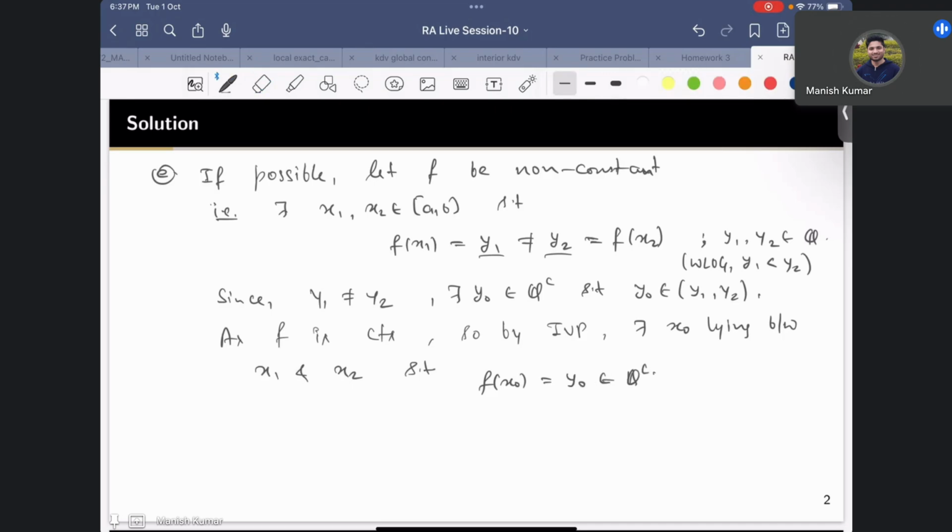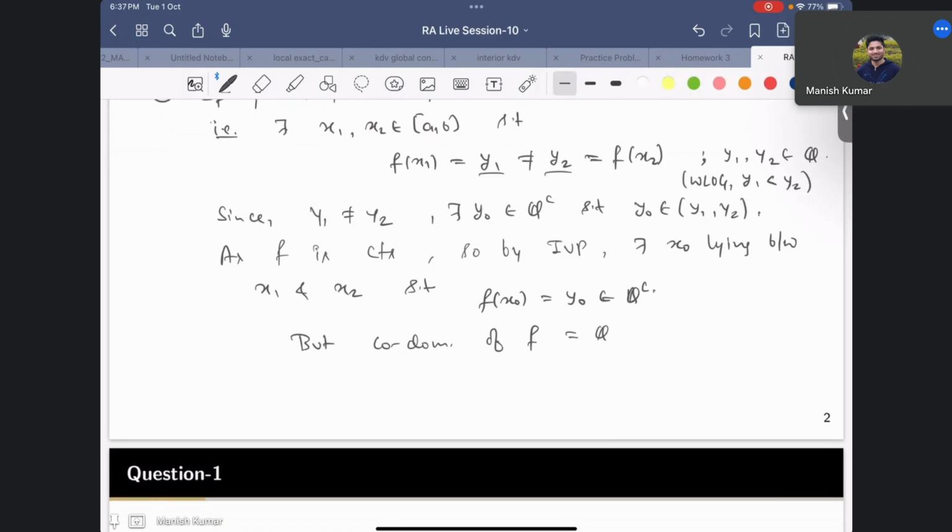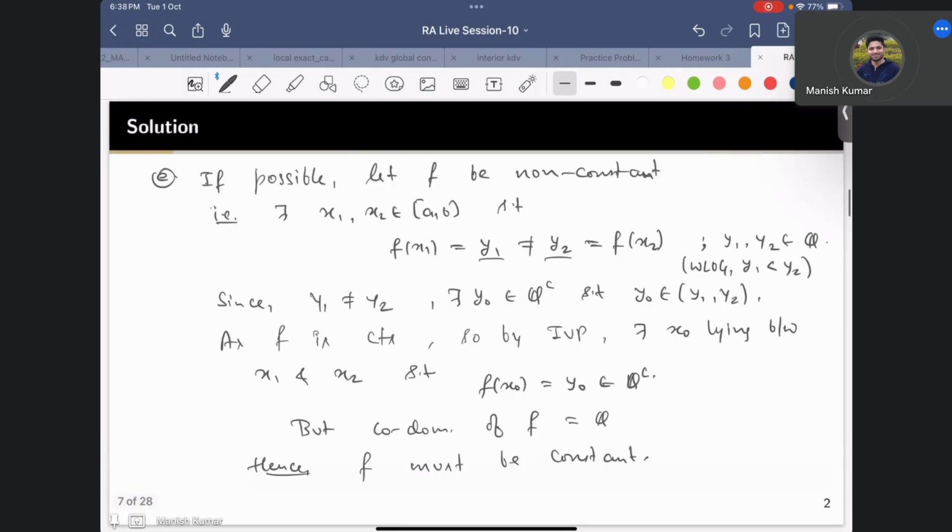This is a contradiction, since the codomain of f is equal to Q. Hence f must be constant. Okay, so that's the proof.